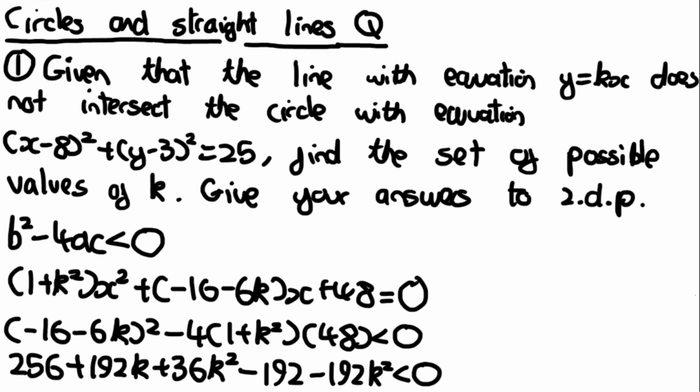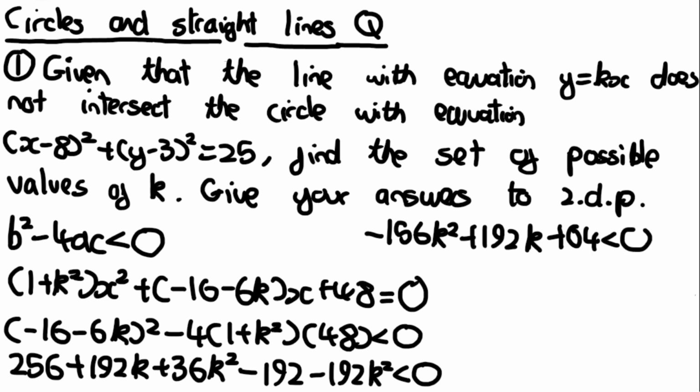We can collect like terms, so the k squared will be -192k² + 36k². Again, you'll probably need to use a calculator for this to get -156k², and then it's just +192k as there's no other like terms, and then it's going to be 256 - 192, which is going to be equal to 64, and that is less than 0.